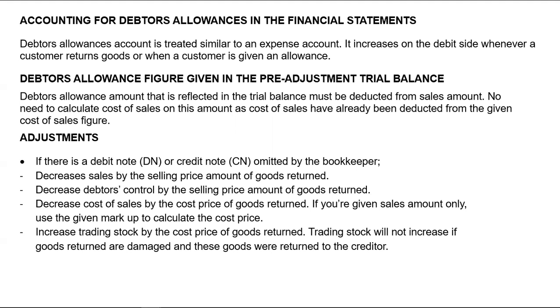We add the cost price and minus the cost price, so the net effect on trading stock will be 0 when those goods are returned to the supplier. But if nothing is said about the goods being returned to the supplier, you will simply increase trading stock at cost price. We good?